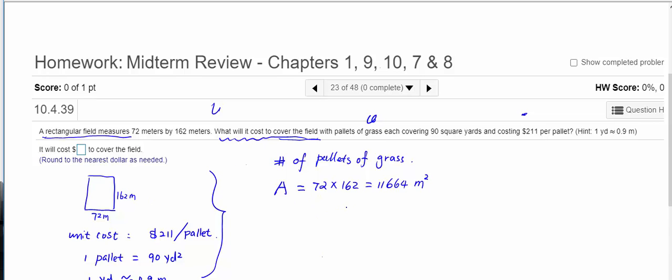Okay, so we need to figure out how many pallets fit in this rectangular field. Okay, and one pallet, remember, is equal to 90 square yards. Okay, so the unit is square yards. So what's the relationship between square yards and square meters?